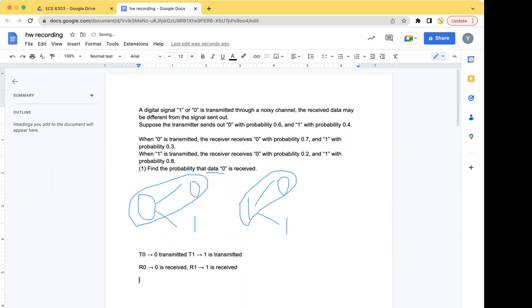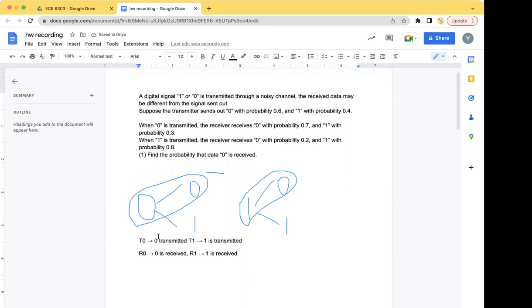So, based on the question asked, we can get this equation.